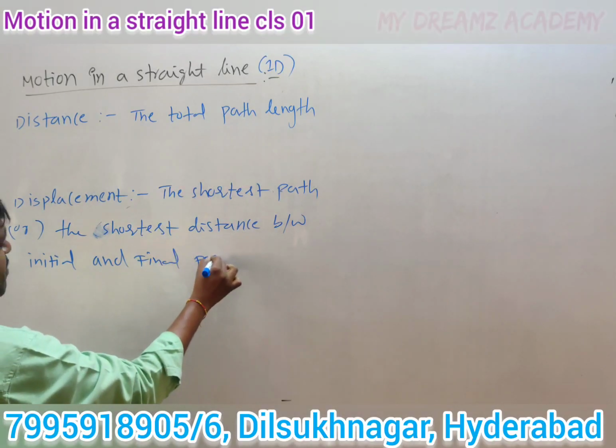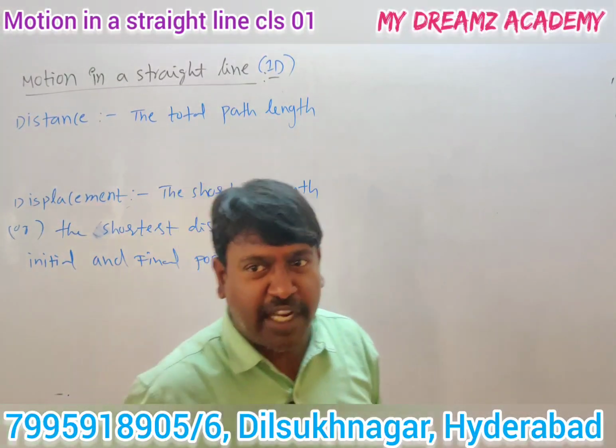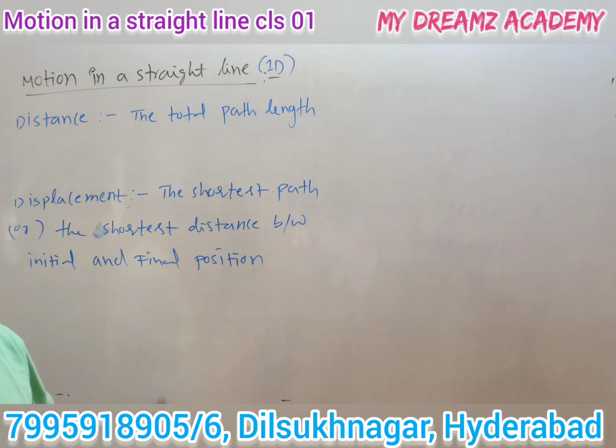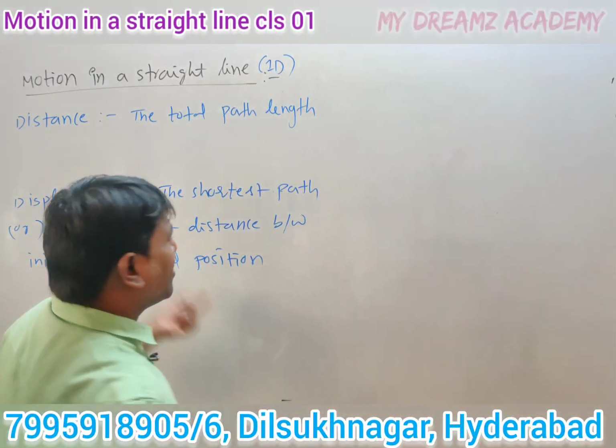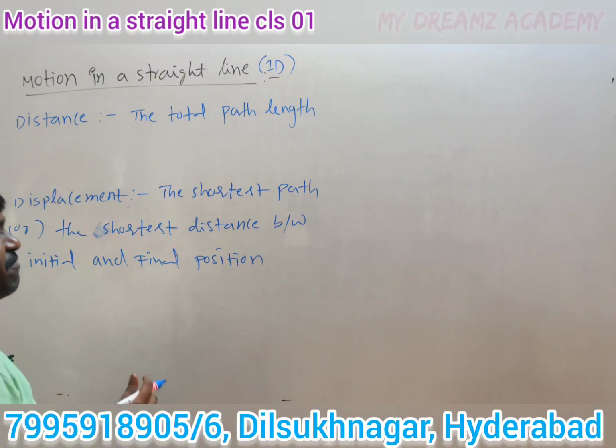That is called displacement. Distance means the total path length covered by the body. Displacement means the shortest distance between initial and final positions.